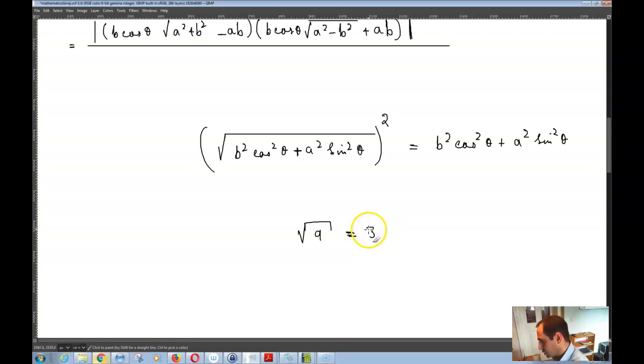Or of course you can say that the square root of 9 can also be equal to negative 3, if you're not dealing with the principal square root function. If you're dealing with the ordinary square root function, then the square root of 9 can be plus or minus 3.